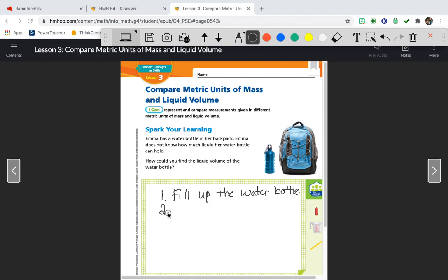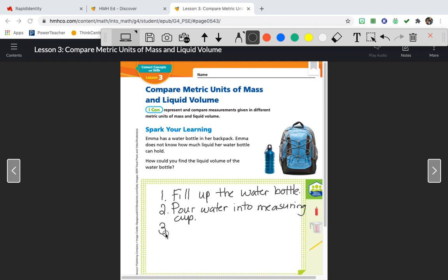Our second step would then be to take that water and pour it into a measuring cup. Then we could take all of those measuring cups that we used and figure out how much water was in the bottle.